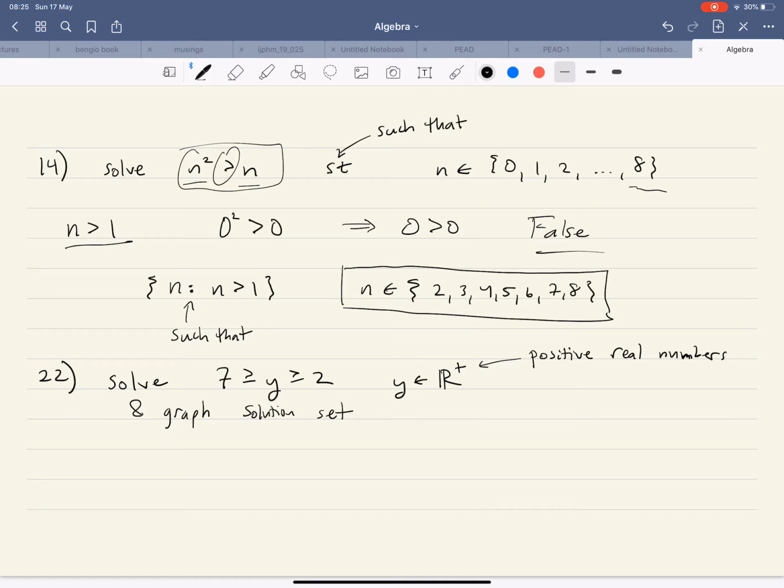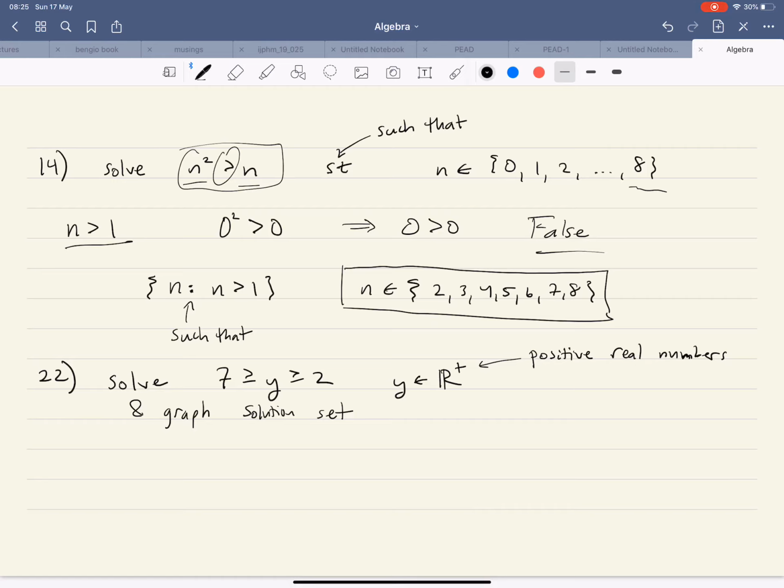So we know that y is going to be between 2 and 7, and it's really just everything between 2 and 7, including 2 and 7.